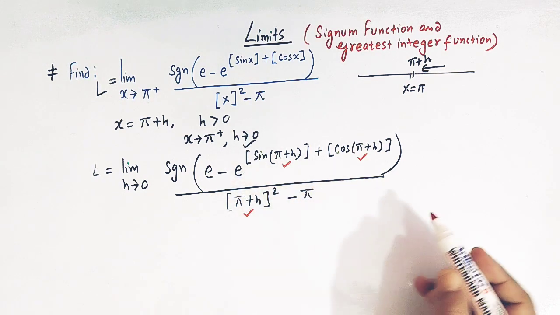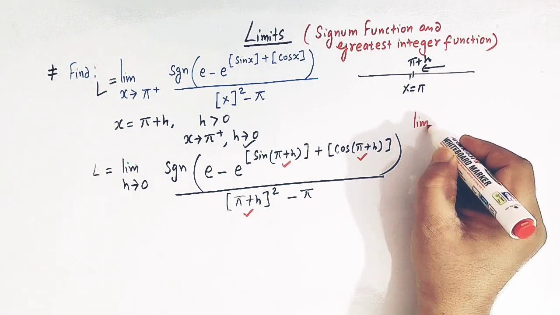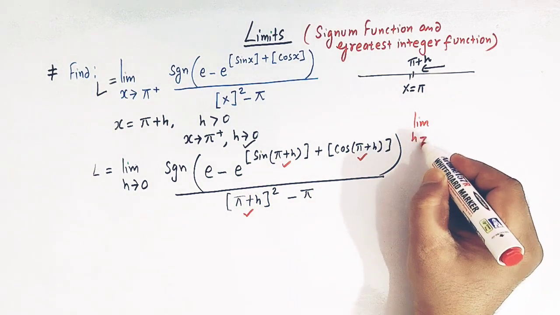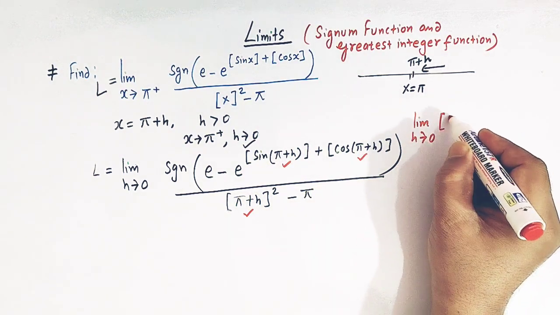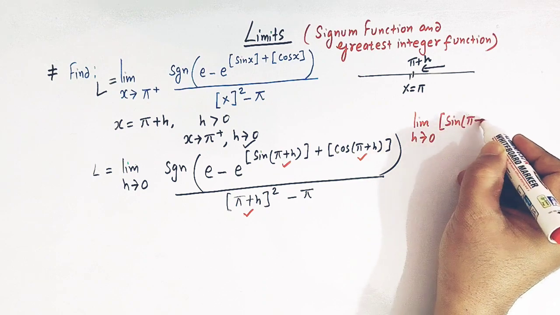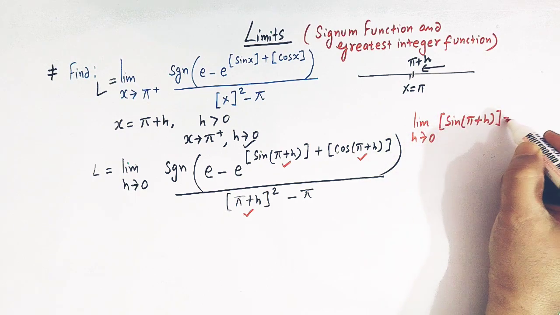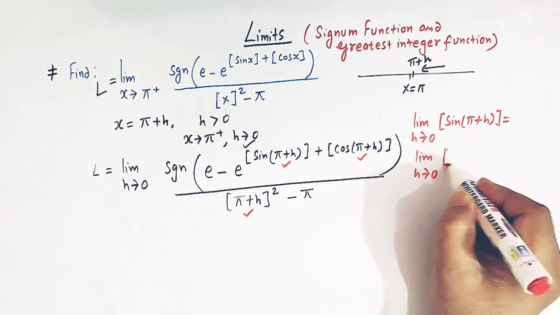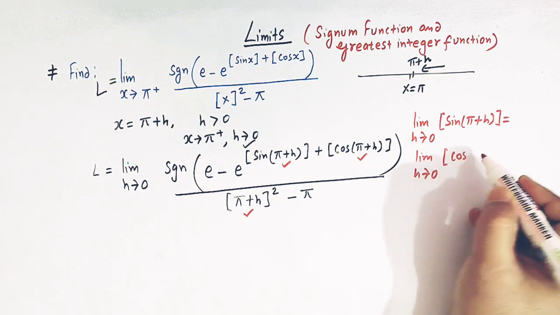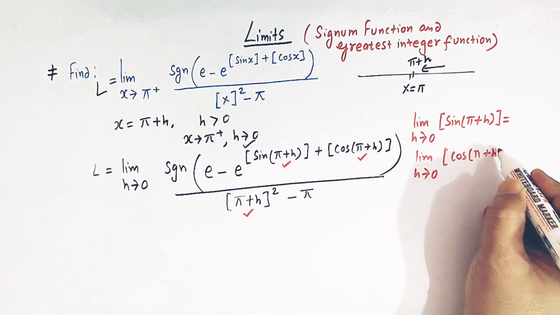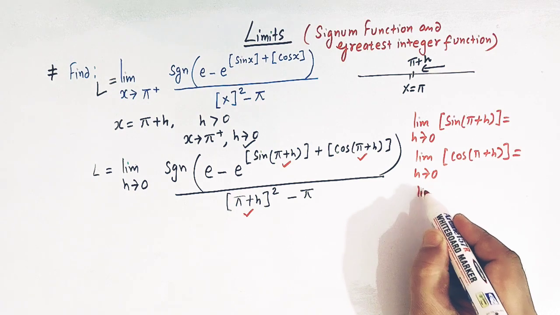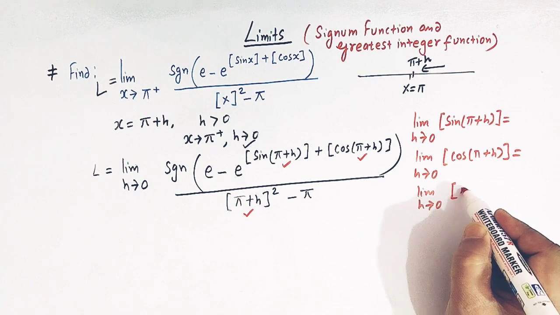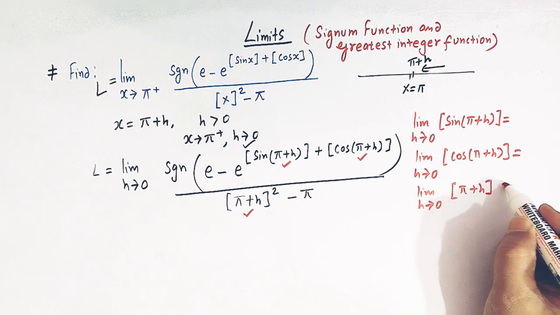We'll assign values to these terms: the limit h tends to 0 of greatest integer of sin pi plus h, of greatest integer of cos pi plus h, and of greatest integer of pi plus h.